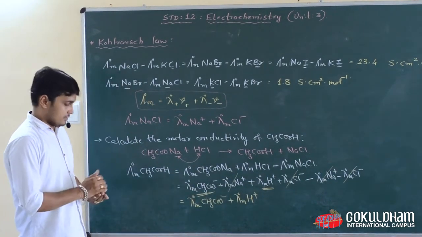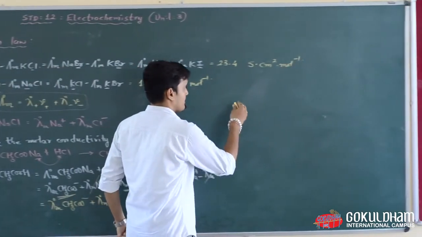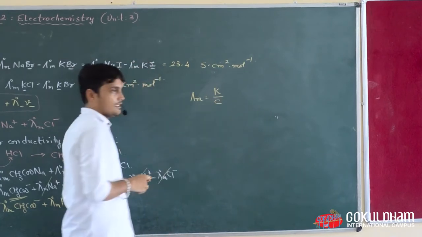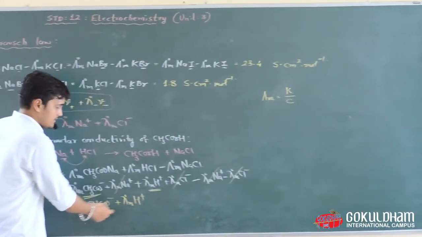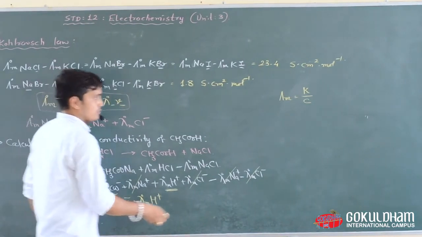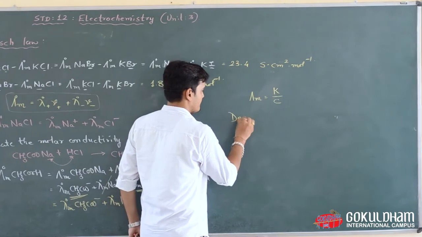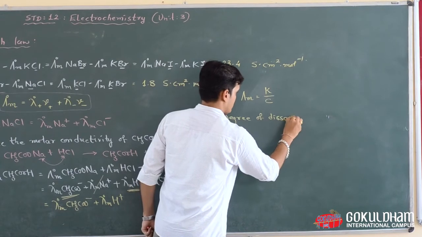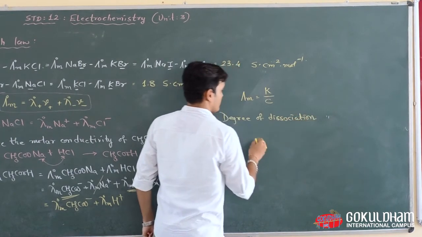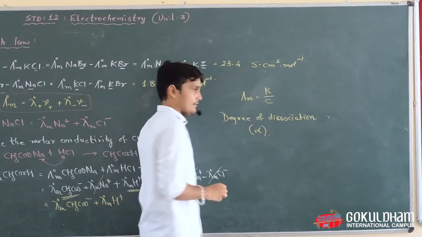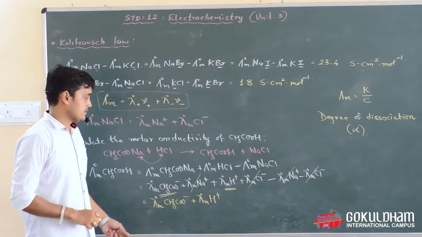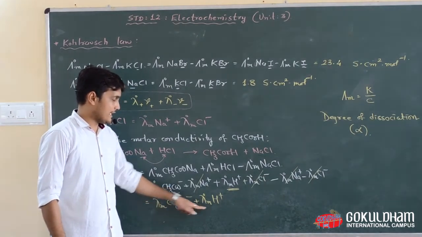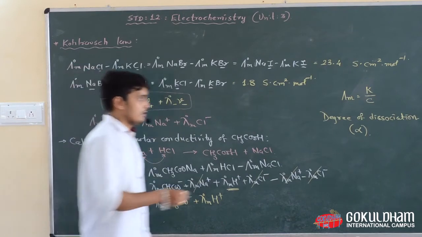Okay. The other two equations you have to remember: lambda m is equal to K upon C. That is the first equation. Now this is the dissociation, so you have to remember the degree of dissociation, known as alpha. Degree of dissociation means what percentage of the positive and negative ions are separated.